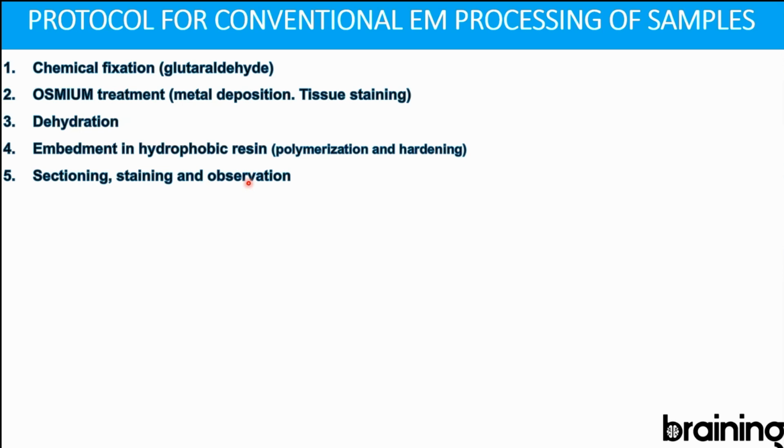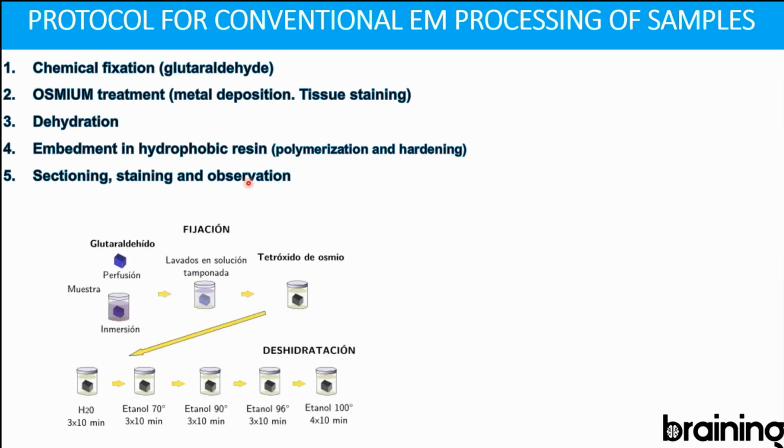As I told you, I'm going to be going step by step. I know this is in Spanish, but it's exactly the same as I just told you. We're going to go through all these steps very slowly, so you can understand why we are doing all this processing. Here we have our sample, which has been fixed, and it's important that it's fixed with a mixture of paraformaldehyde, but also the most important thing is that you have glutaraldehyde in your fixing liquid.